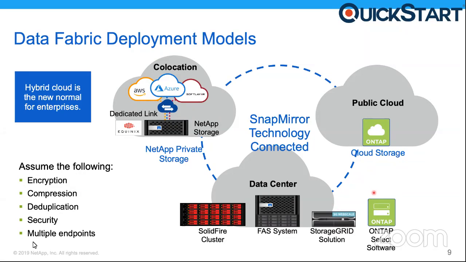Or you can even have a software-defined storage architecture with ONTAP Select running on ESX servers, KVMs, OpenStack, that kind of different hardware. So as you can see right here, we're running ONTAP, for the most part in FAS and AFF systems, and Select, so you can replicate data between them without any problems.